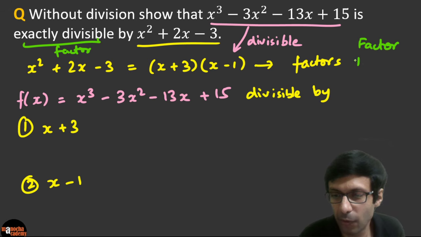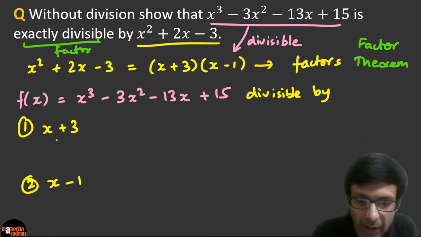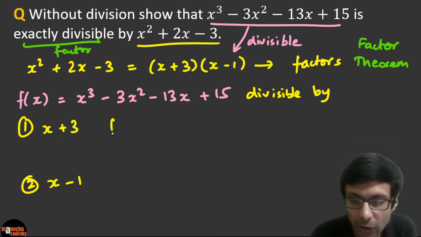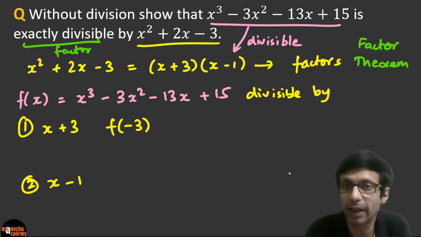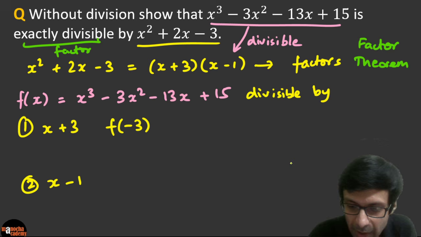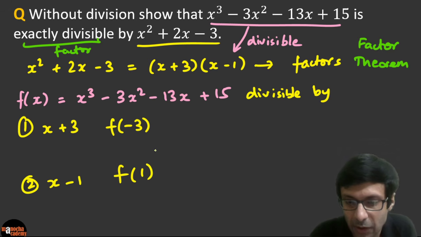To show that x plus 3 is a factor of f(x), how do we do that, guys? Pretty simple. By the factor theorem, we need to check whether f of minus 3 is equal to 0 or not. Similarly, we need to check whether f of 1 is 0 or not.